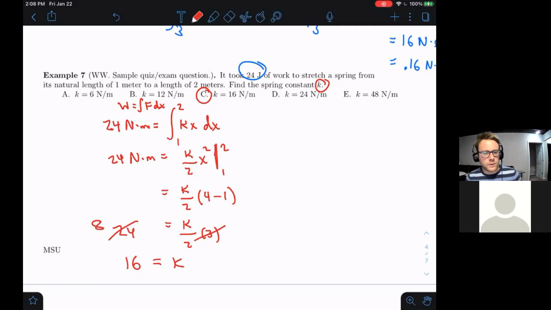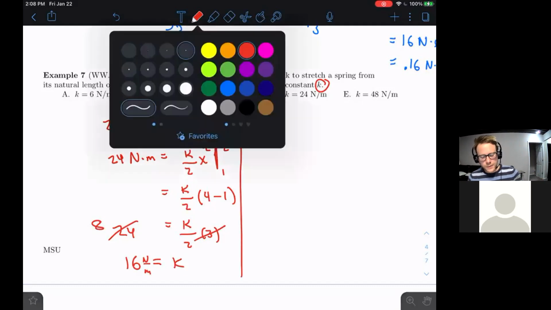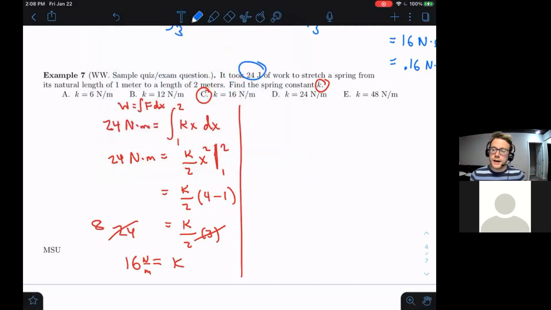So K equals 16 newtons per meter. Seems like my correct answer of C. And this is the wrong way. Well, this is an incorrect answer. And so my question for you all is, can anyone spot my mistake?